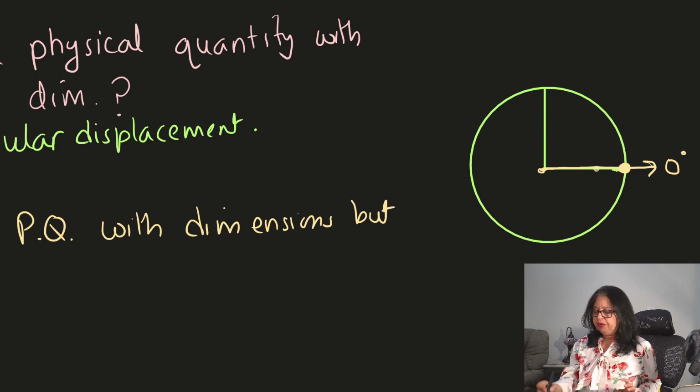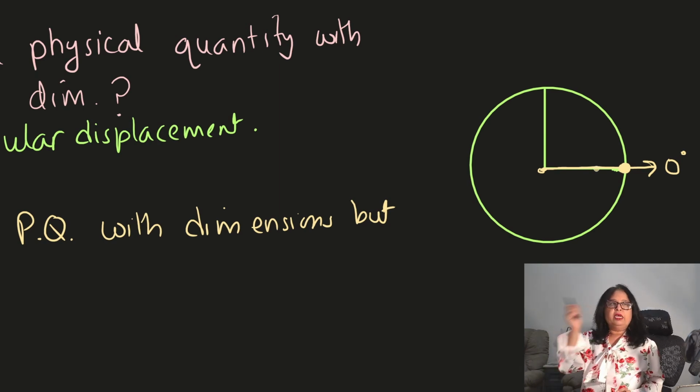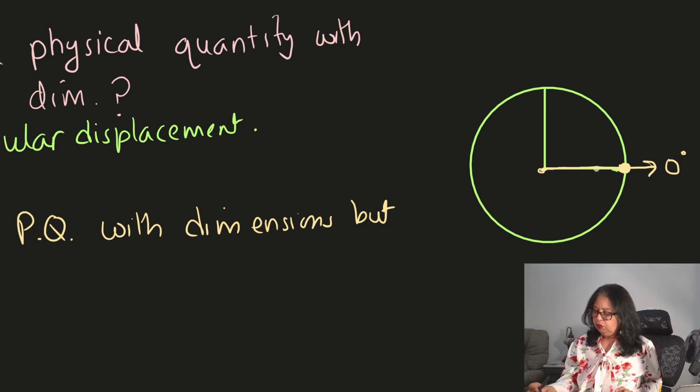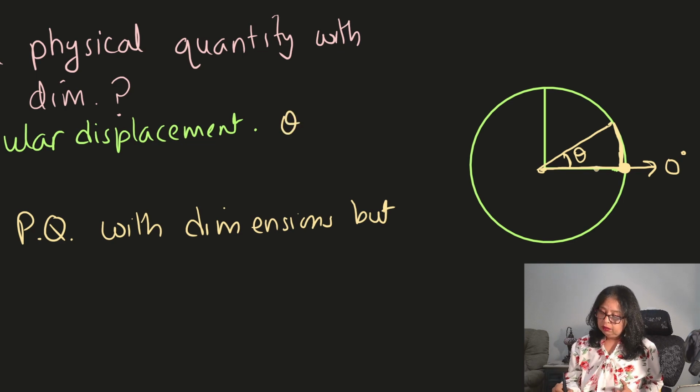You're holding the string over here and you whirl it around in a circle like this. This ball, in a certain time t, goes from 0 degrees to over here, and this is the angle traveled, theta. This theta is measured in radians.